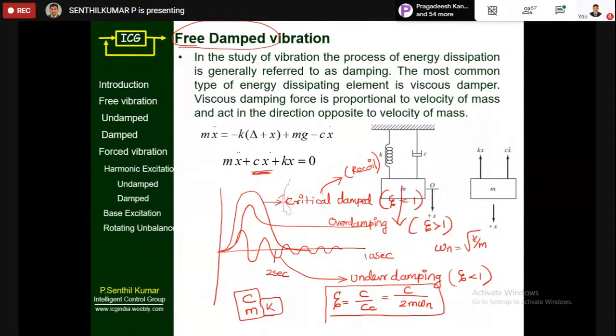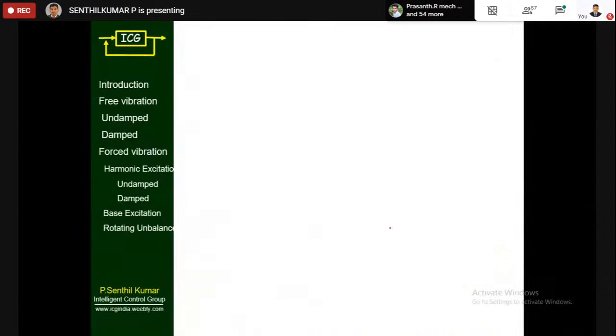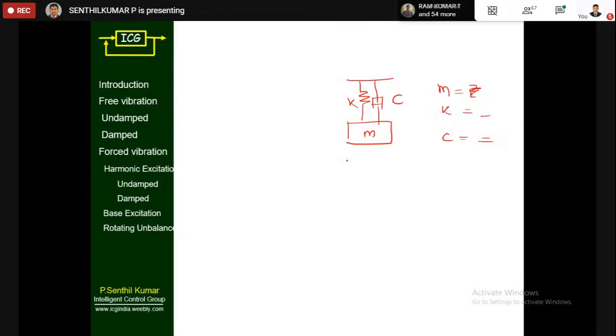They will give the values. For example, next slide. I will show you everything in the next slide. There is a spring and damper like this. M given, K given, C given. They will ask you to find out eta. What is eta? C by Cc.